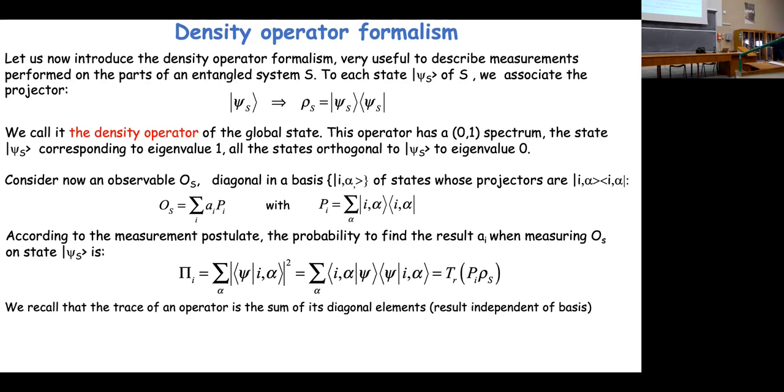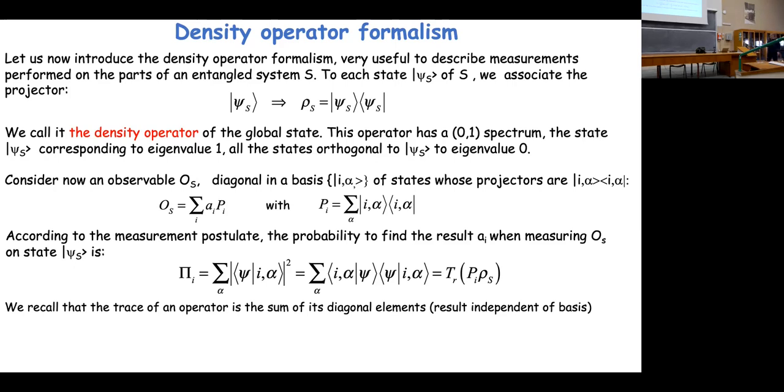You see immediately that P_i can be written as a projector on all the states which have the eigenvalue A_i. So I have another quantum number which I call alpha in case of degeneracies. What is the probability to find the result A_i when you make a measurement? This probability is just the sum of the squared scalar products of psi with |i, alpha>. This is a postulate of measurement.